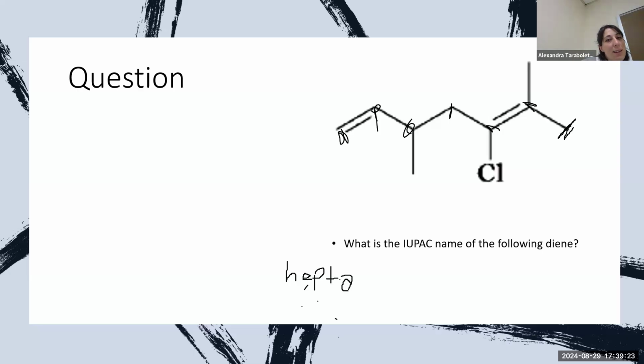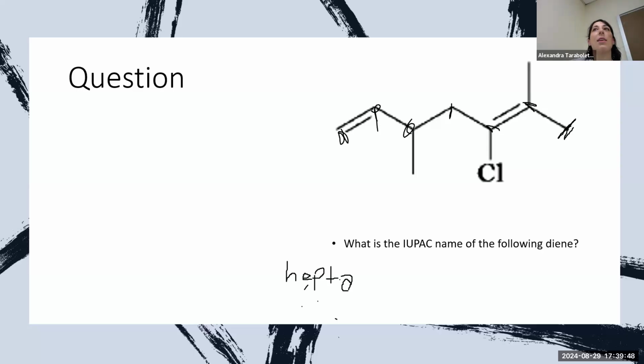So heptadiene is what we would name this, but there's one extra component here. Now that I have 2 double bonds, even if I had 1 double bond, you usually have to tell the reader of this information where they are. So where would these double bonds be? The first one's on what? At 1, right?